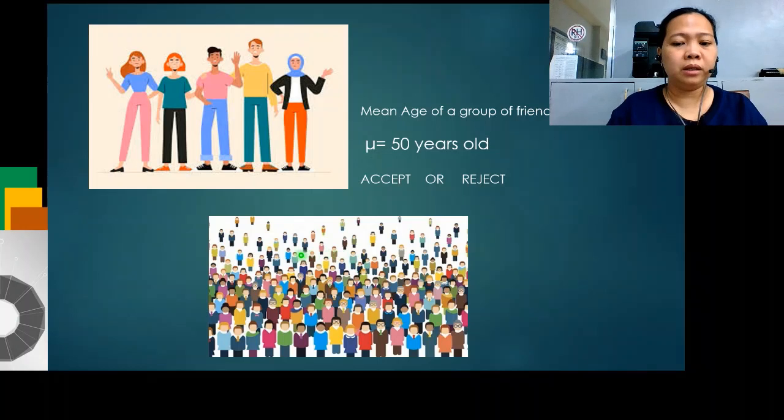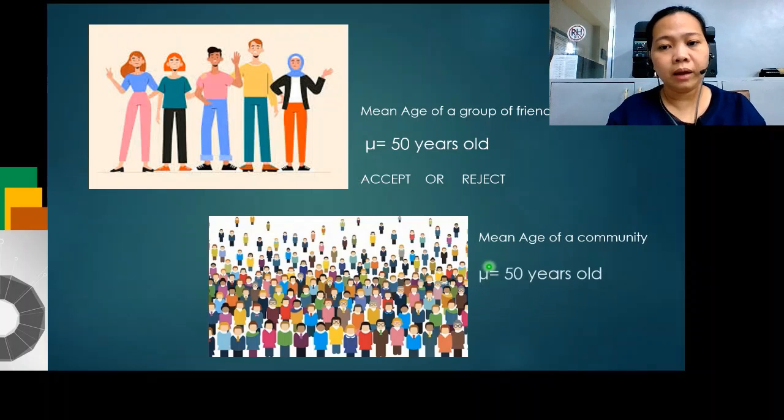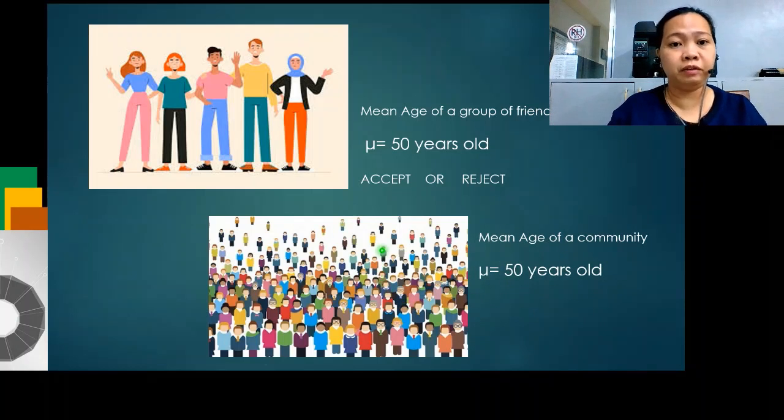But how about if you are tasked to evaluate the mean age of a community, for example, of a country? If you are familiar with the statement that the countries in Europe are aging, you cannot simply assume that the mean age of that particular community is 50, right?